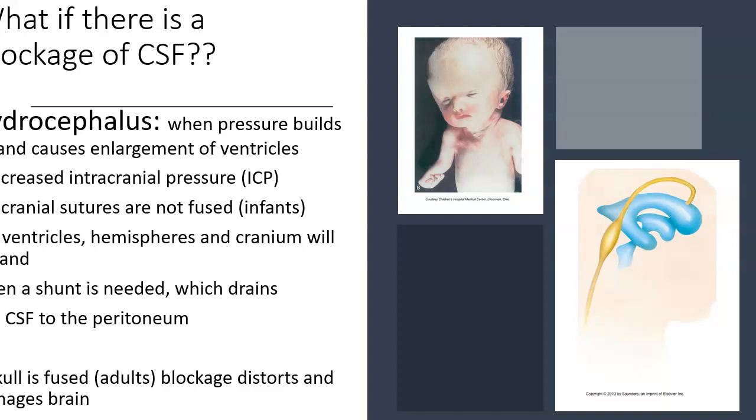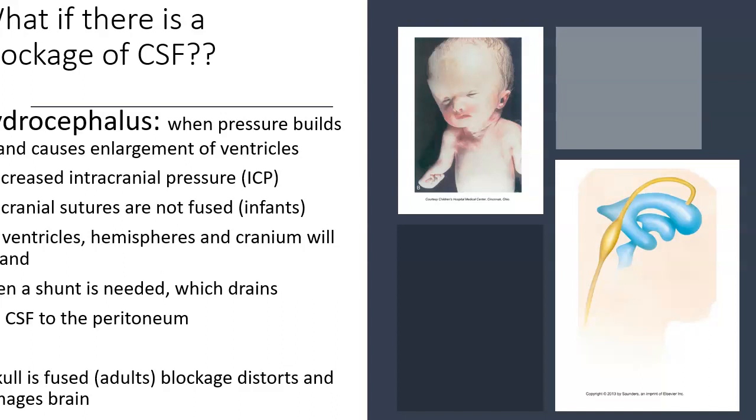This happens oftentimes with children in utero. Physicians can watch as the baby's developing, looking at ultrasounds and a variety of things. One of the things they're looking at is the size of the head. Is it in proportion to the size of the expected age of the baby?